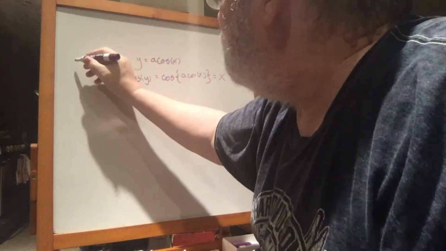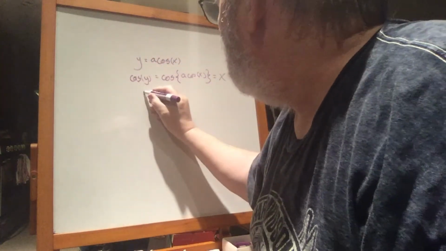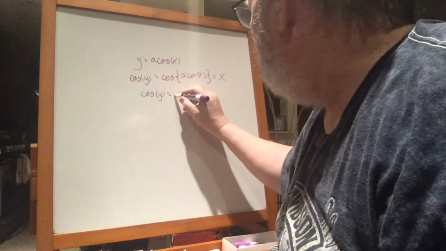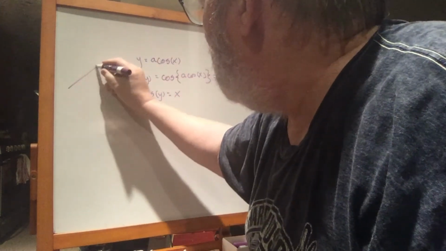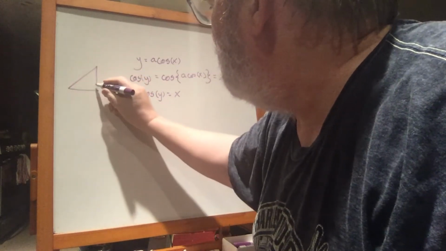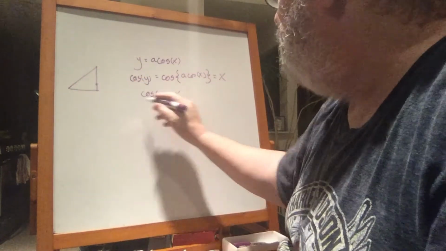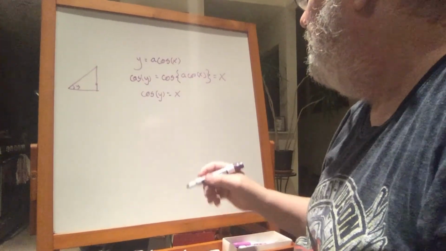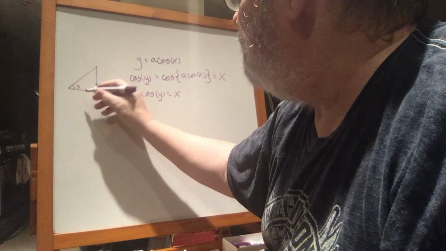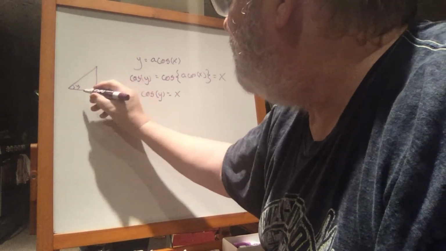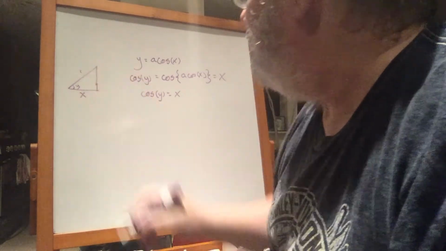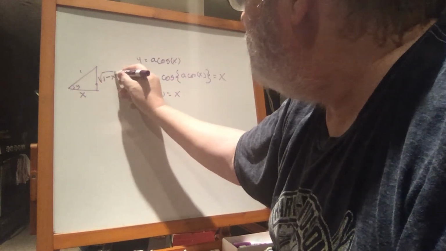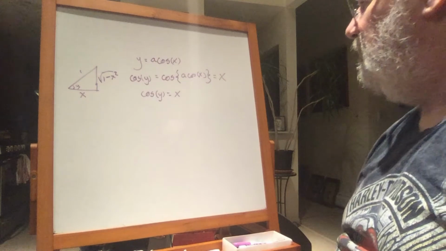And what that means is the cosine of y equals x. And if we just draw a right triangle, it says cosine of y, so let's say that's y. Cosine of y equals x, so that's basically x over 1, which means this side then becomes the square root of 1 minus x squared.